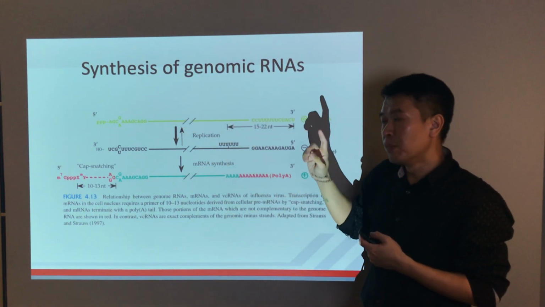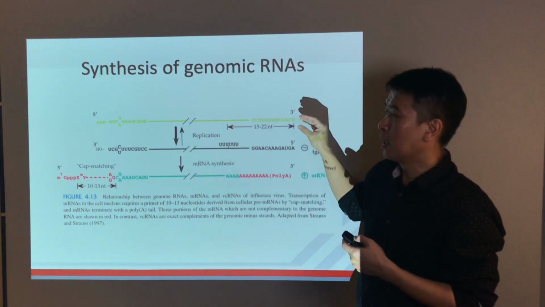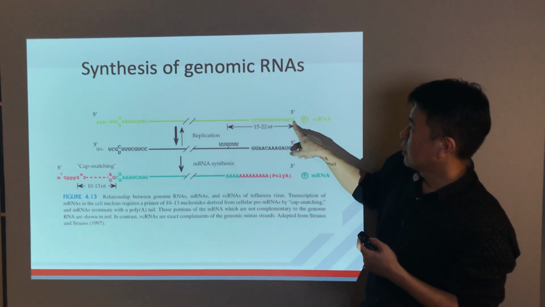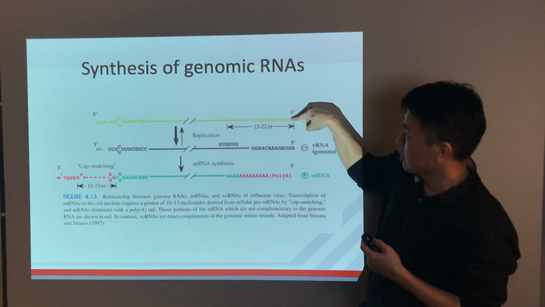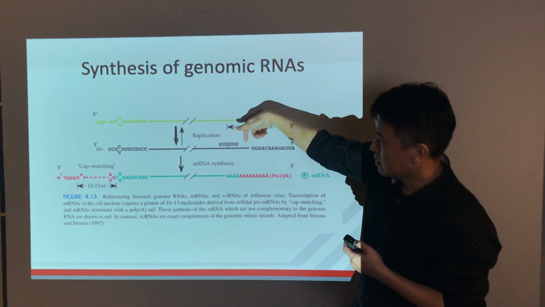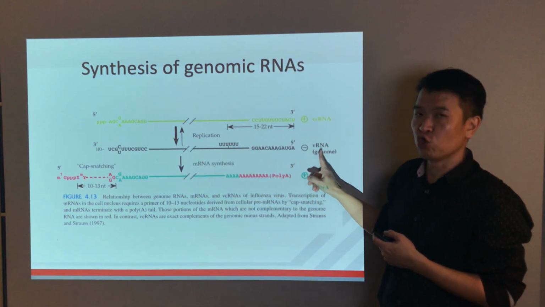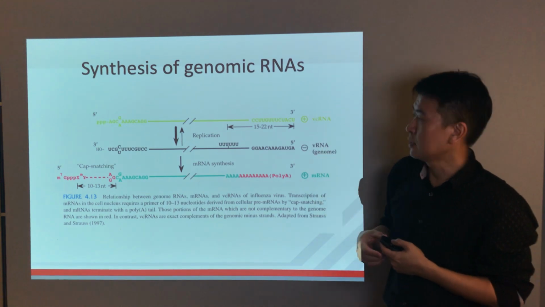Alright, the next step is this will now serve as the template. The same process will carry on. The A and G dinucleotide will bind to here, and they now start synthesizing the 3' to 5' viral genome by using this positive strand viral genome as a template.